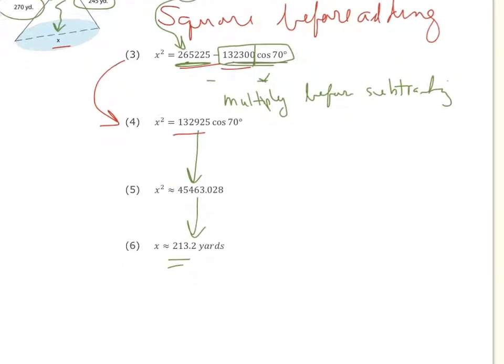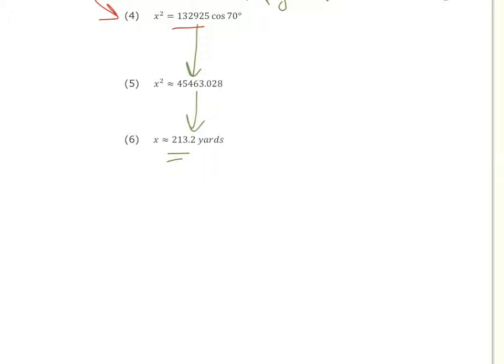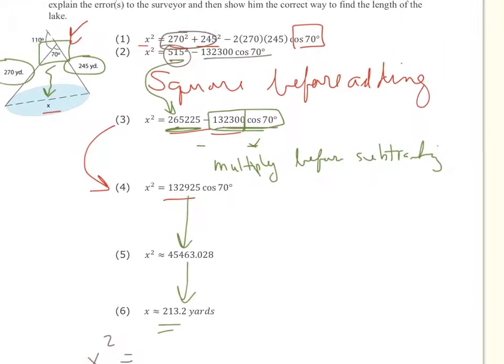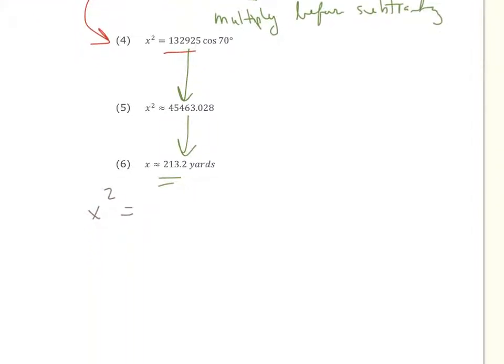X squared we called it. Okay, so x squared equals 270 squared plus 245 squared minus 2 times 270 times 245 times cos of 70.